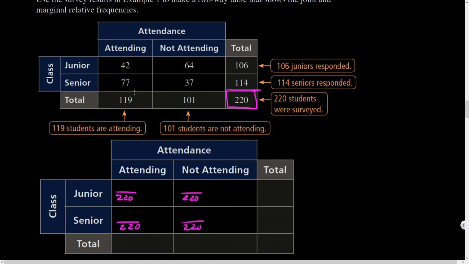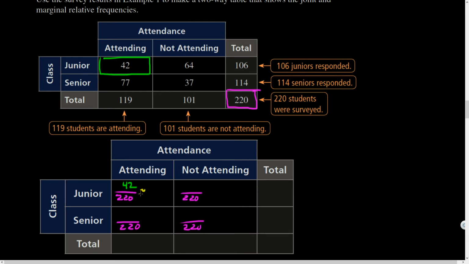And the successes. So I'm basically going to be writing, what's the probability of a student being picked at random that was a junior who is attending? And so what I would have considered a success here would have been the 42.